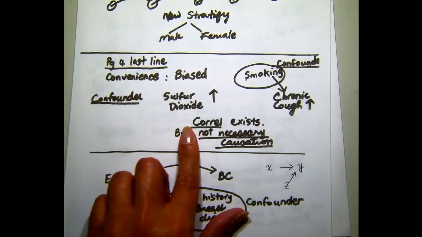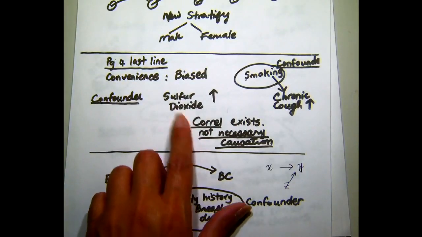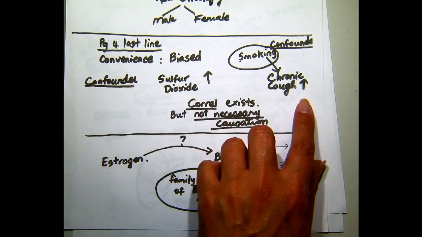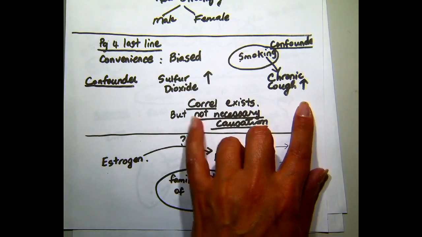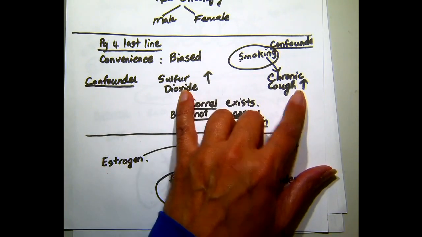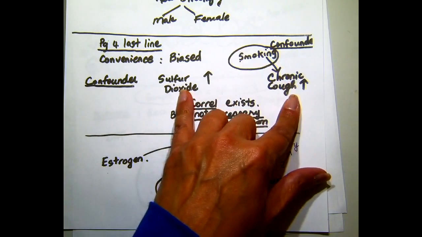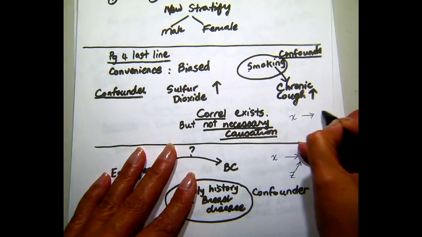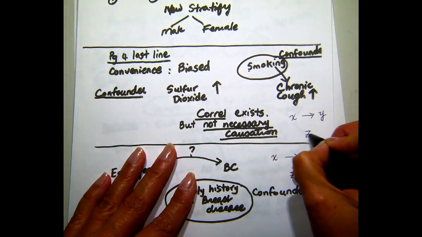Here's another example. Sulfur dioxide, a relationship between sulfur dioxide and chronic cough. Is the sulfur dioxide causing the chronic cough, or is the person that I'm looking at a smoker and that's causing the chronic cough? So this is this one. Is X causing Y or is Z causing Y?